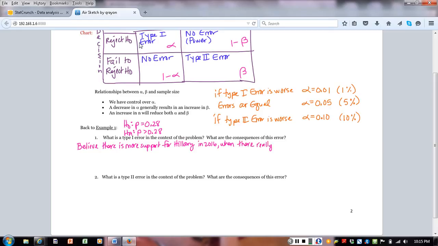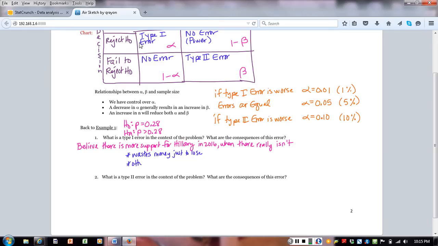So if we think there's more support for her, and there really isn't, what bad things could happen because of that? She might end up wasting money just to end up losing, right? So that would be a bad consequence.